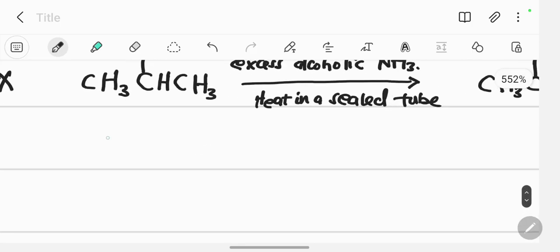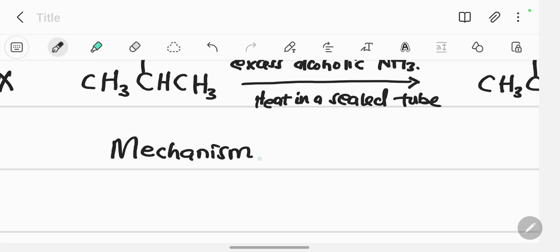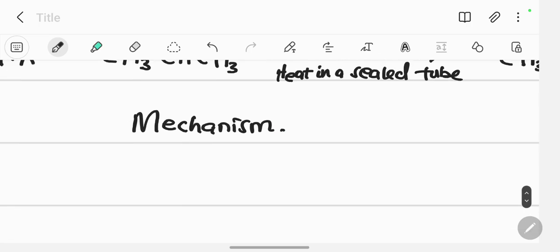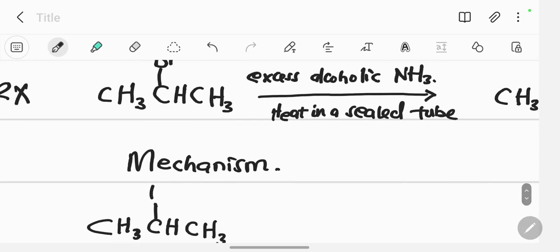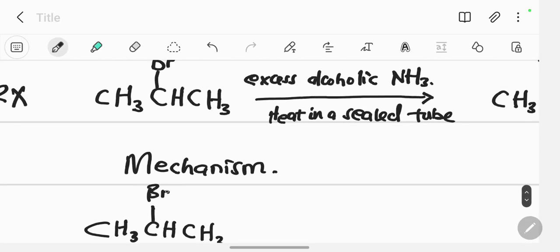Because I want you to go on grasping this, that always in our mechanisms for secondary and tertiary alkyl halides, that halogen is going to always initiate the breaking off.